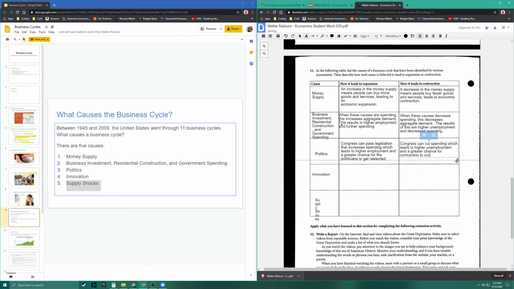Now they can still get reelected though, based on this, because if the spending is viewed by some people in the public as being wasteful, and this is based on Republican or Democratic viewpoints, that can get you or cost you votes.